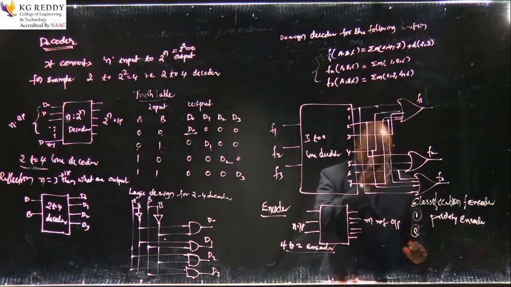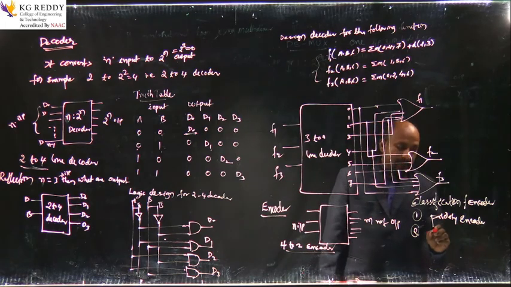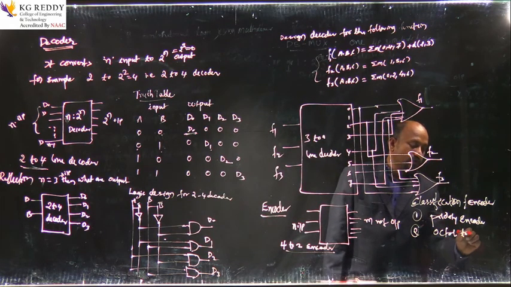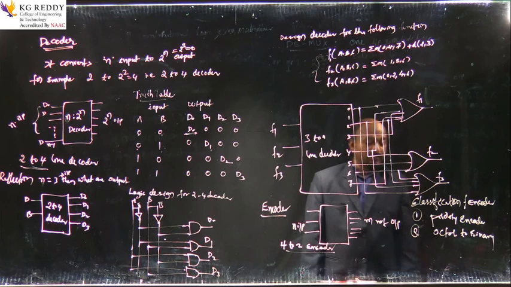Next one is the octal to binary encoder, also called binary encoder.